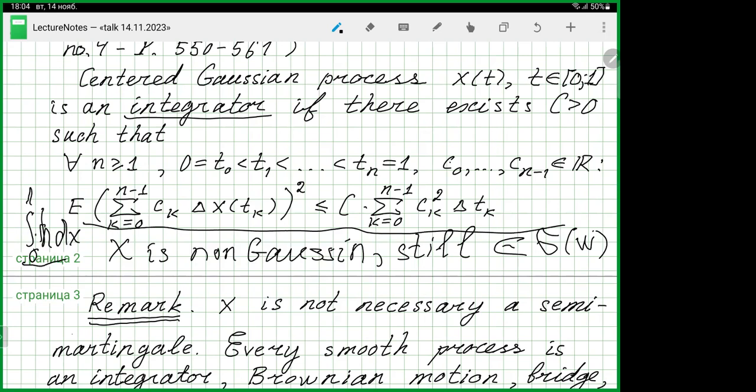So we will have this integral as a random functional, continuous in the L2 sense, on the space L2[0,1]. Then it will be a random operator in the sense which I defined in my book.